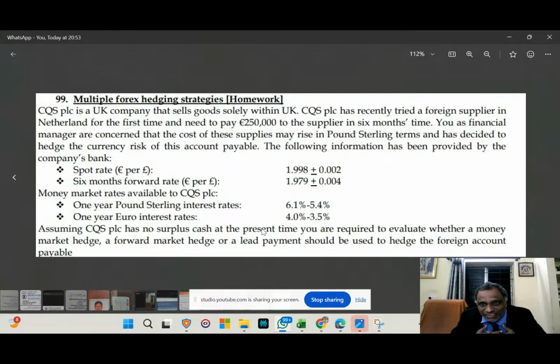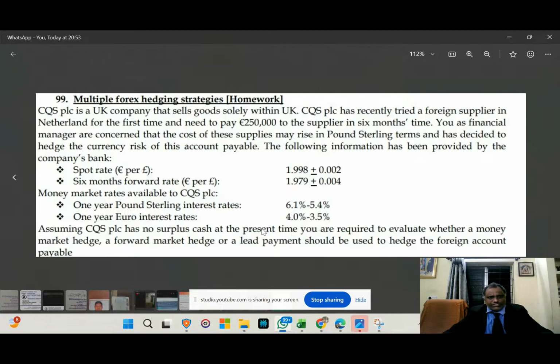You, as a financial manager, are concerned that the cost of these supplies may rise in pound sterling terms and have decided to hedge the currency risk of this account payable. The following information has been provided by the company's bank.